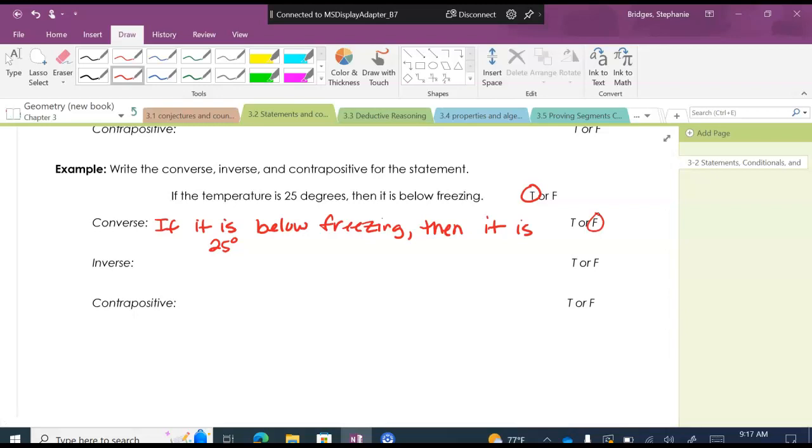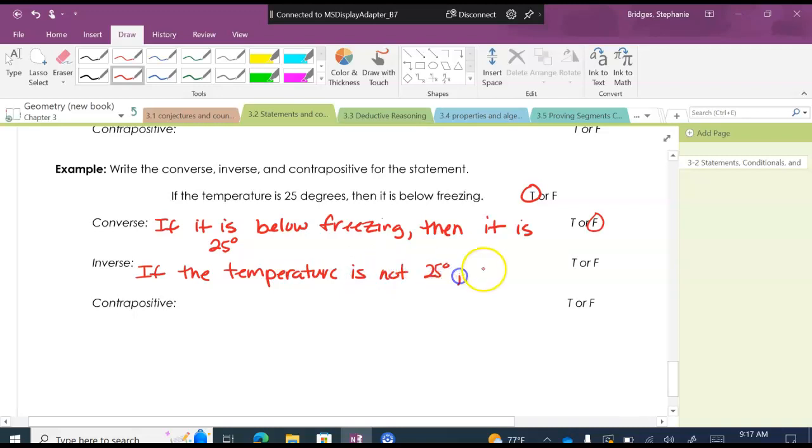All right, so my inverse goes back to the original statement and negates it. So I would say if the temperature is not 25 degrees, then it is not below freezing.